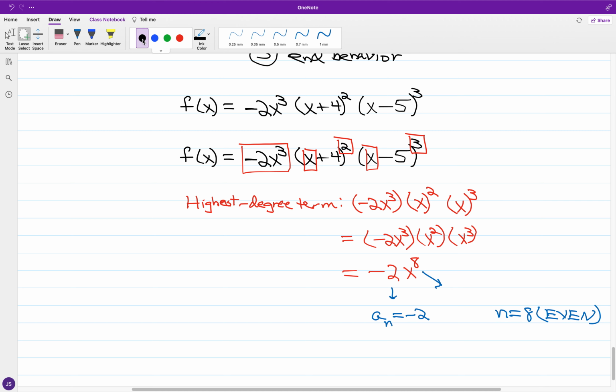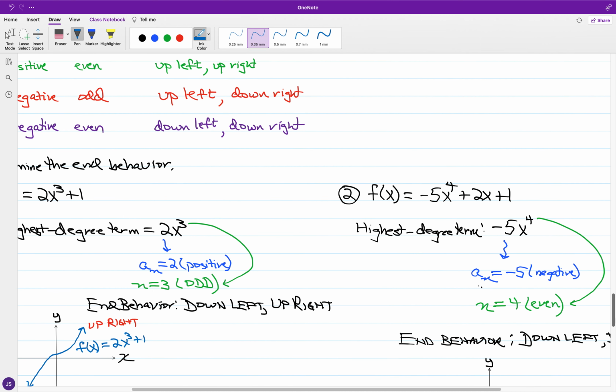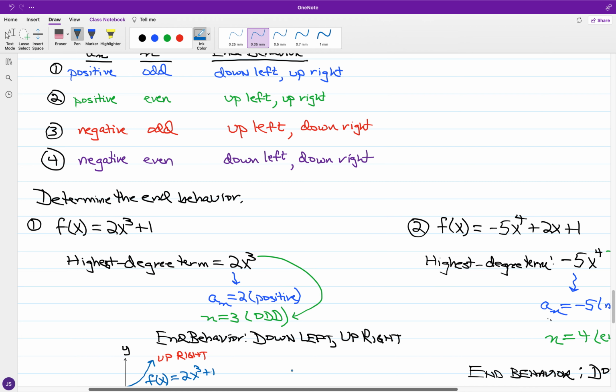Okay, and so we got a negative leading coefficient and the degree is even. Got negative, even.